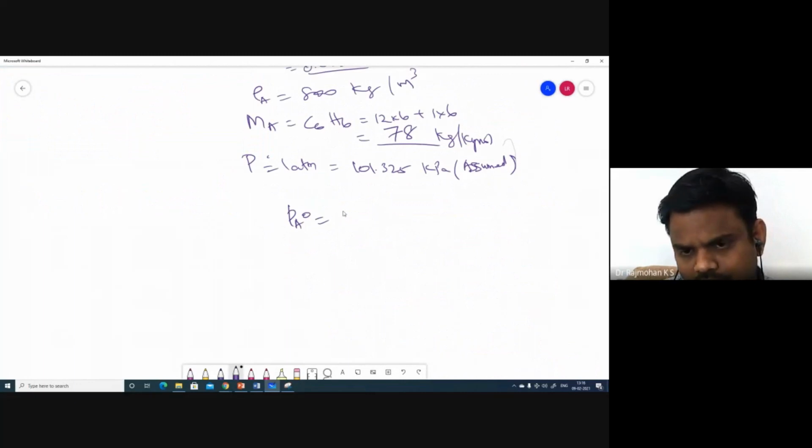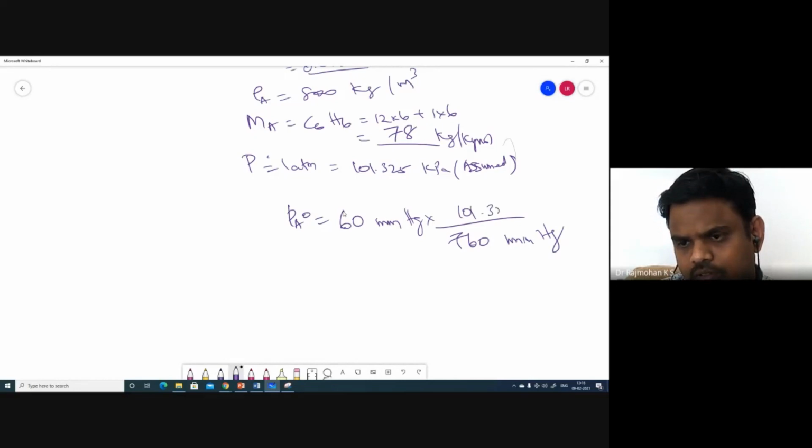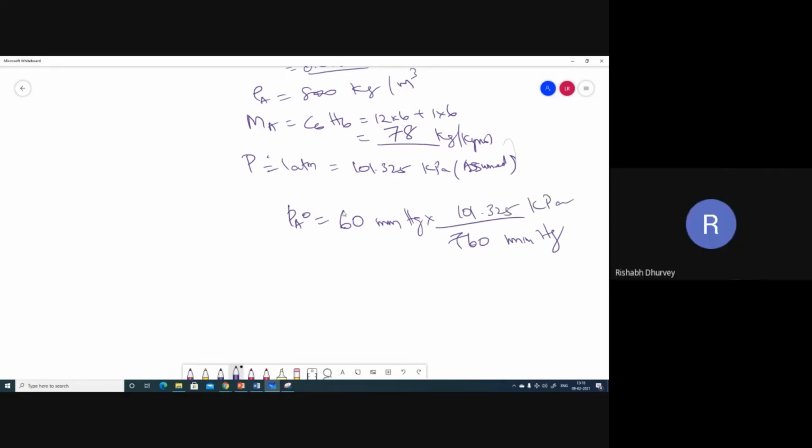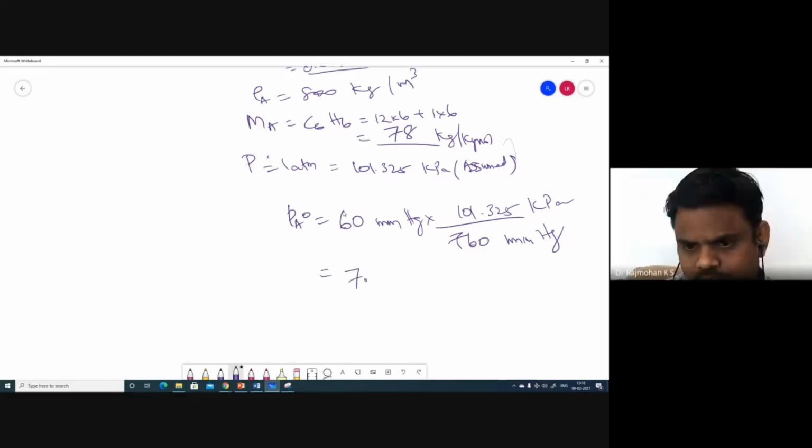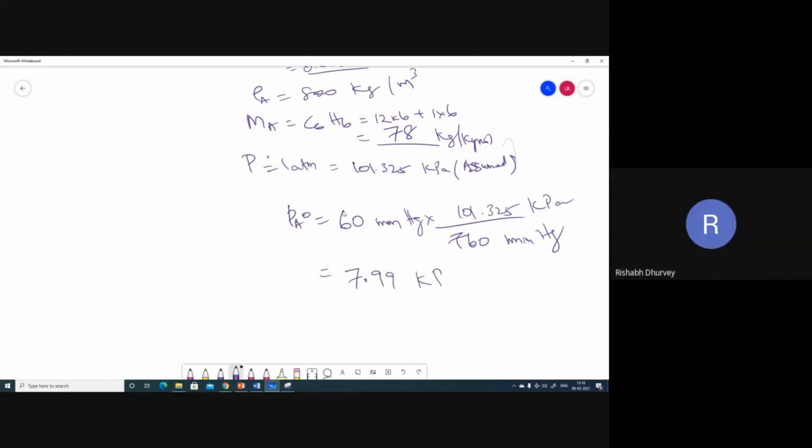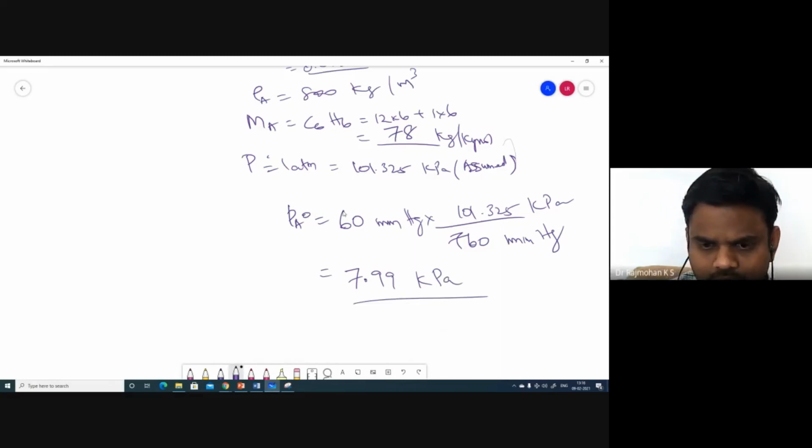PA0 is given as 60 mm mercury. So please convert to kilopascal. What is the value? 7.99 kPa, 7.99 kilopascal, right?